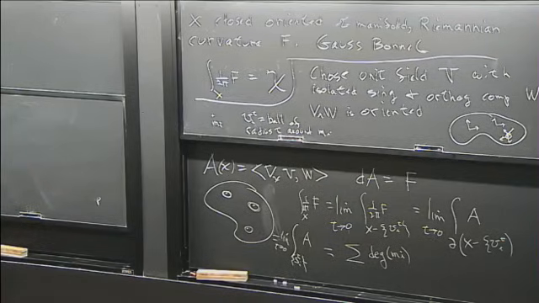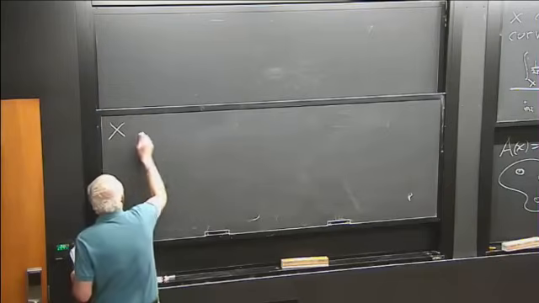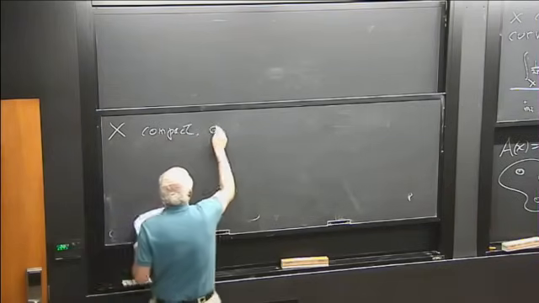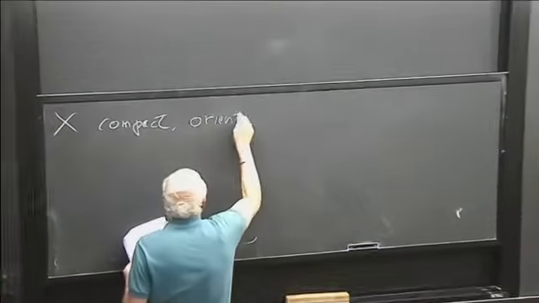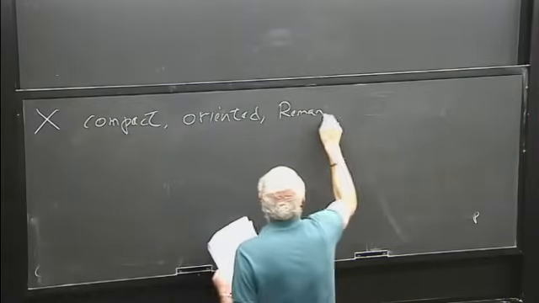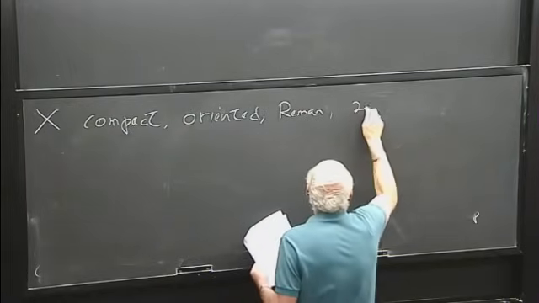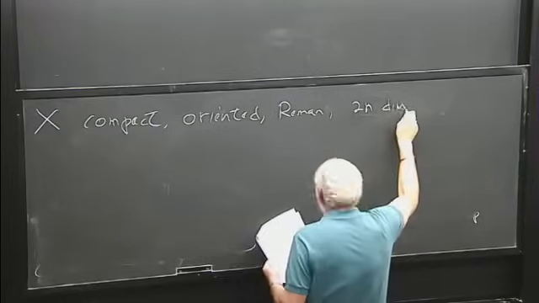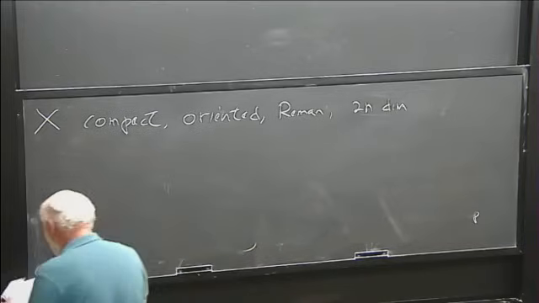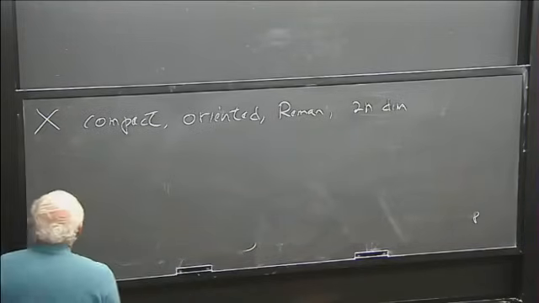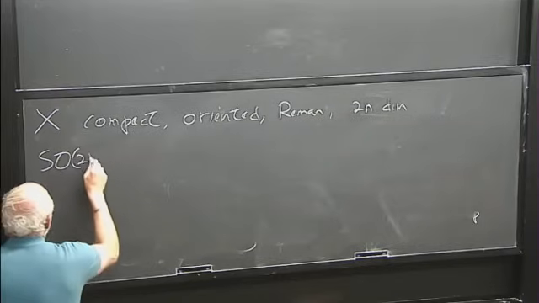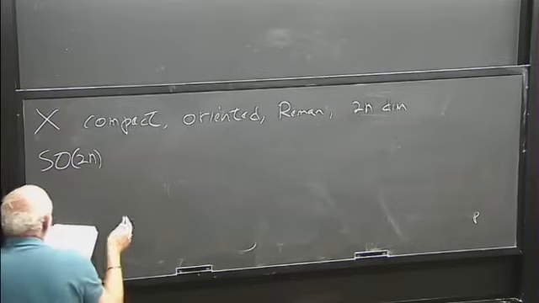So now we'll have X compact, oriented, Riemannian, of 2n dimensions. Now, we're going to look at SO(2n) and its Lie algebra.